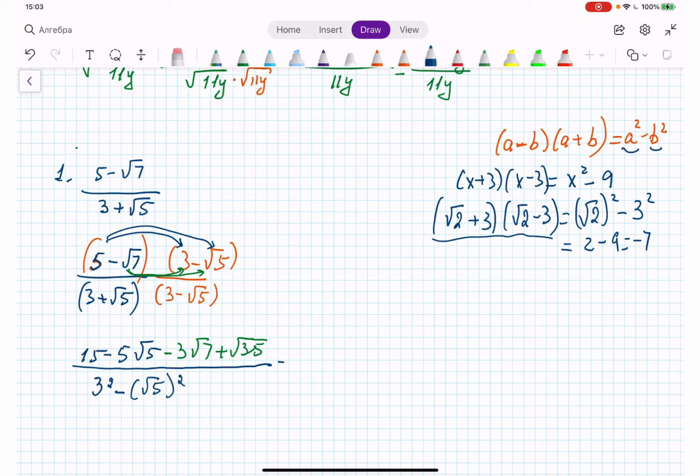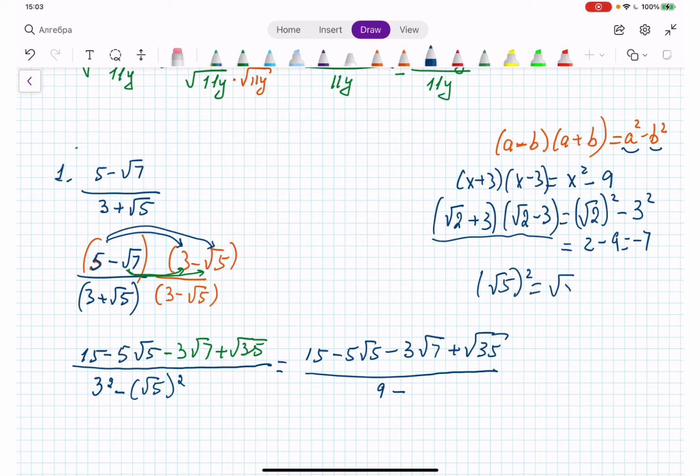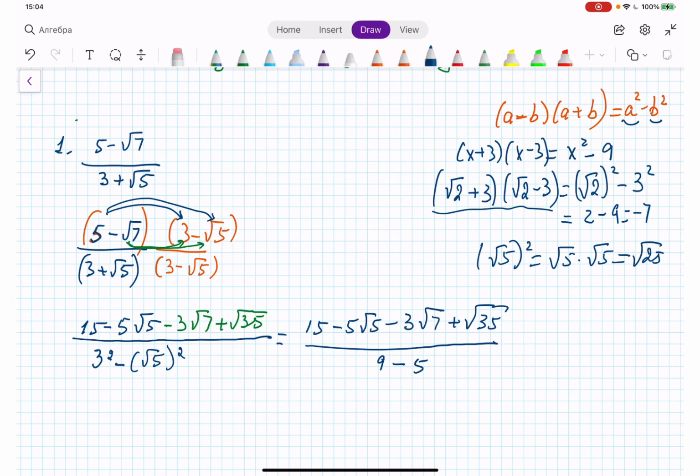So we have 15 minus 5 square root 5 minus 3 square root 7 plus square root 35, divided by 9 minus square root 5 squared. What is it? Let me show you if you don't remember. It gives us square root 25, which is 5. And we are getting here 4.